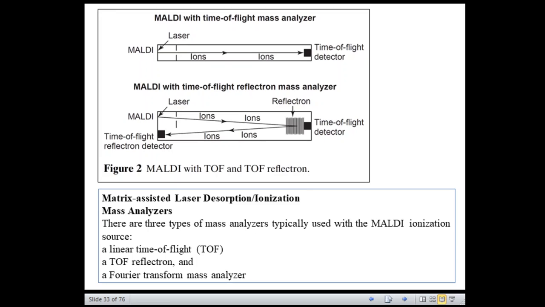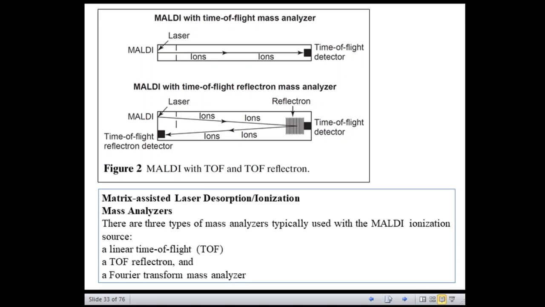Number two, a TOF reflectron, that is time of flight reflectron, and number three, the FT mass analyzer or Fourier transform mass analyzer. So we have linear TOF, TOF reflectron, and FT mass analyzer.